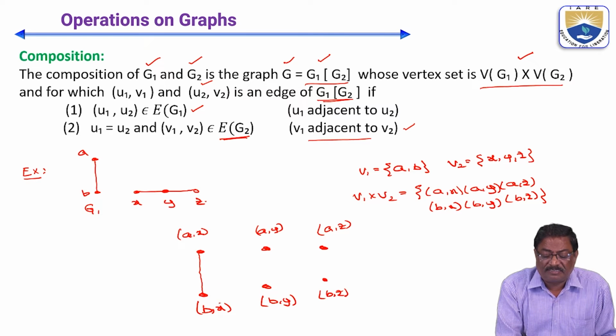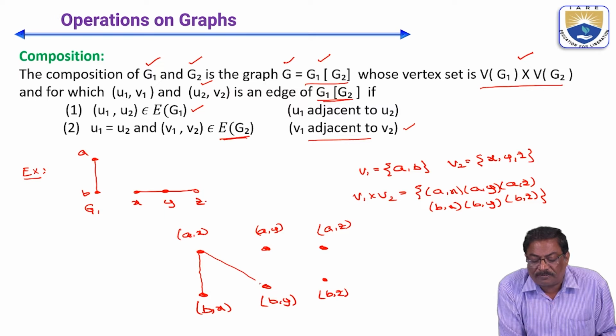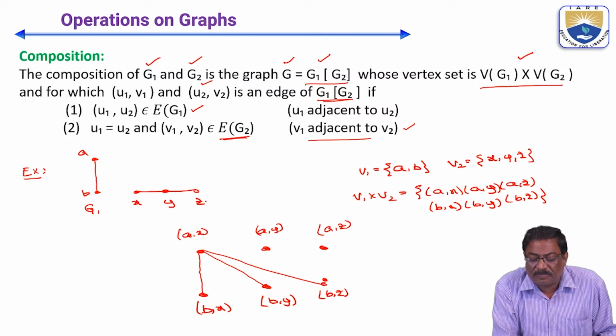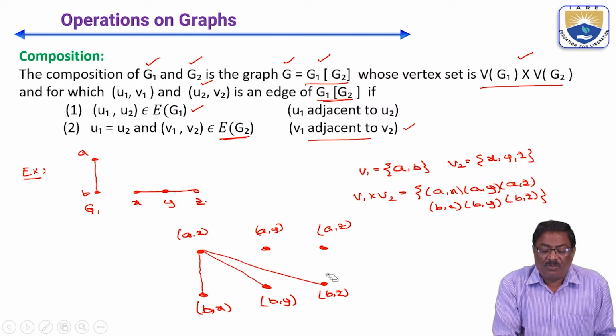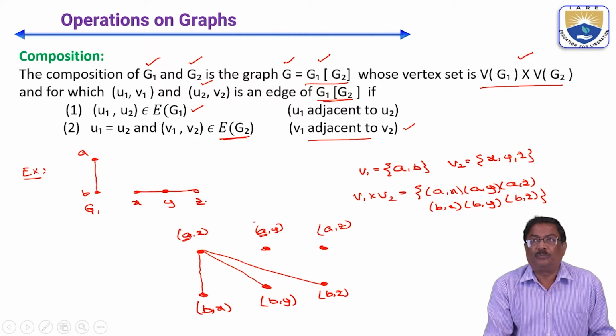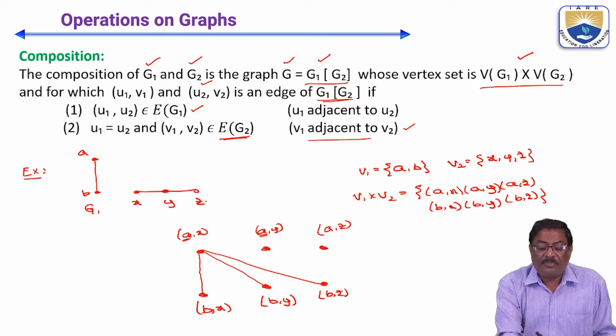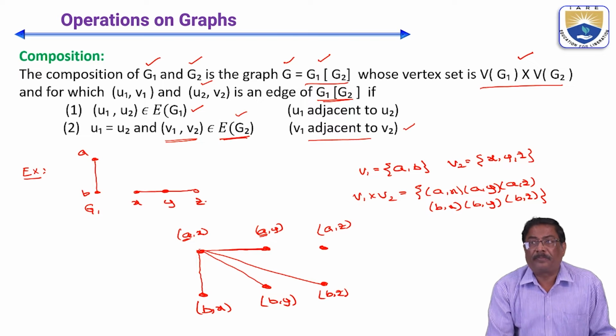Then the second-coordinate stays the same, and A is adjacent to B, so I connect these. The second condition: whenever U1 is equal to U2, there is an edge whenever (V1, V2) is adjacent in graph 2. So X is adjacent to Y, and we connect this.